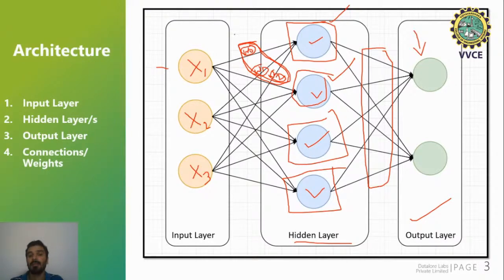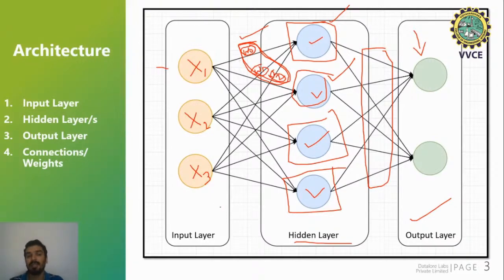In fact, these weights are the most important aspect of a neural network. That is the whole crux of your neural network models. So how do we actually decide what these weights should be? This whole process is called neural network training.